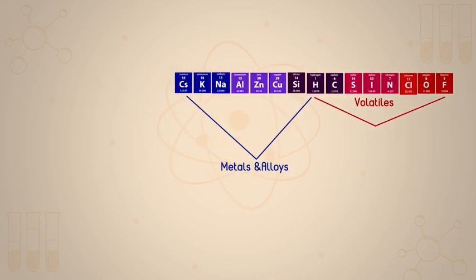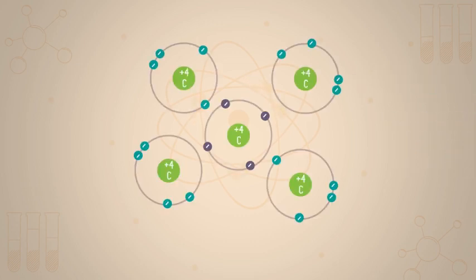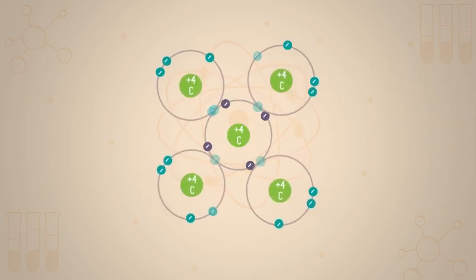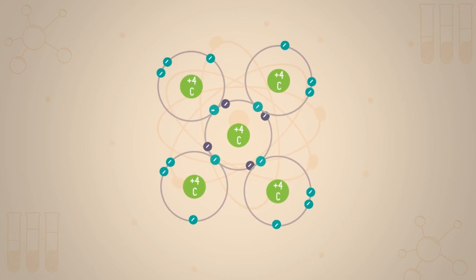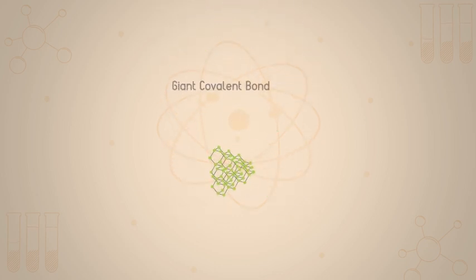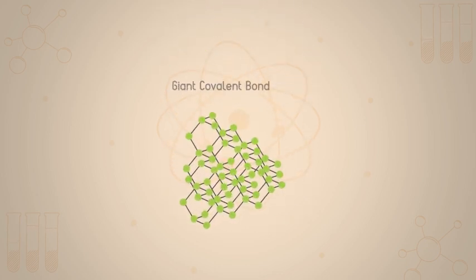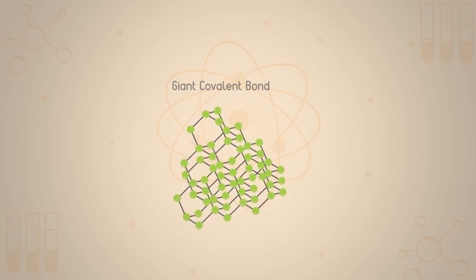With elements of group 4, like carbon and silicon, there are 4 electrons in the outer shell and room for 4 more electrons. So 4 bonds will form. In this case, it's possible to build up 3-dimensional structures, with the bonding going on forever.